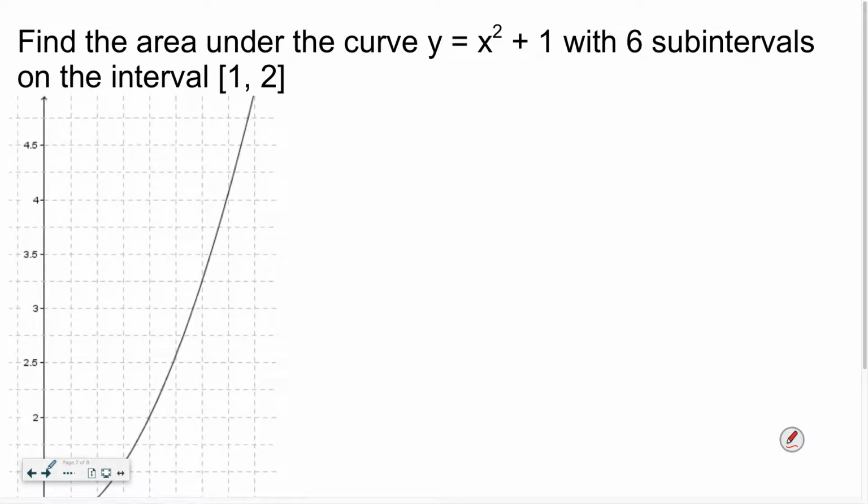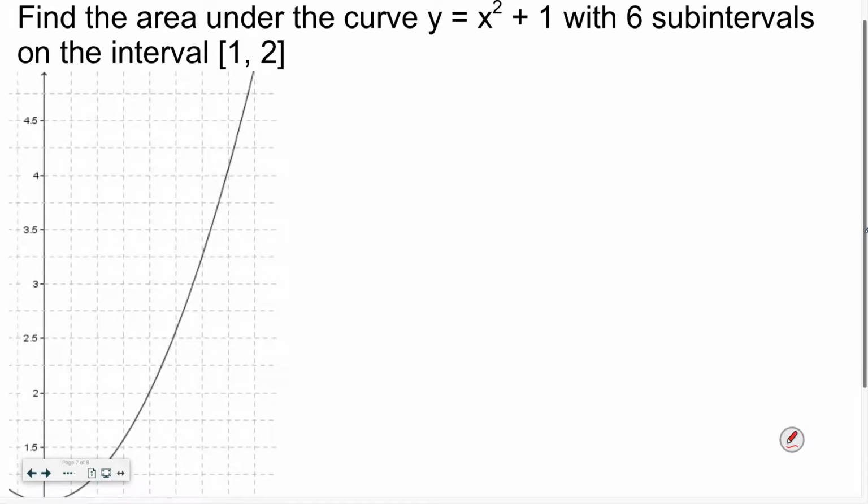Okay, so this is the example that we're going to do. Please find me delta x.